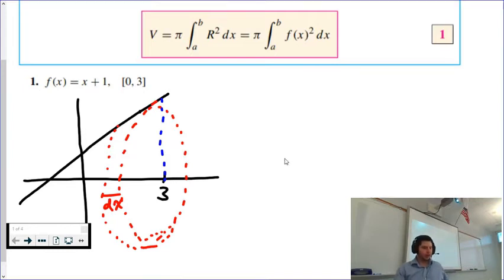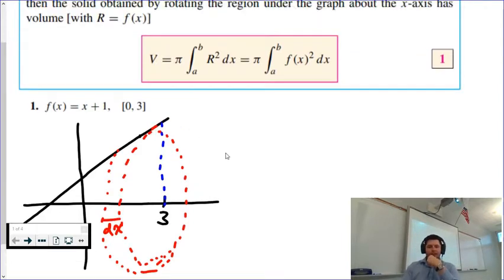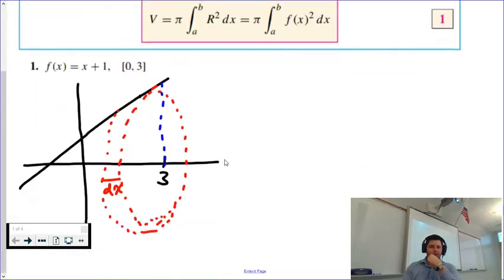So here we have f of x equals x plus 1, and we're trying to rotate that region from 0 to 3. I've drawn a quick little figure about it. The main idea here, this is why it's called a disk method.